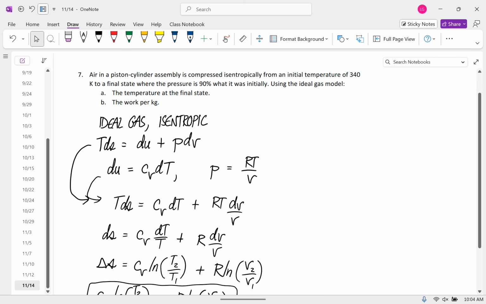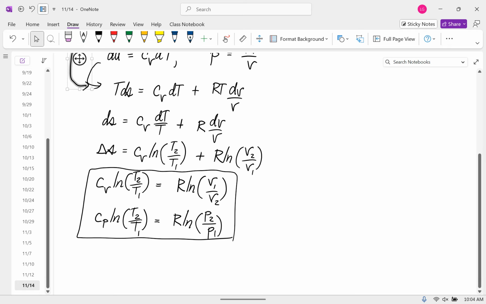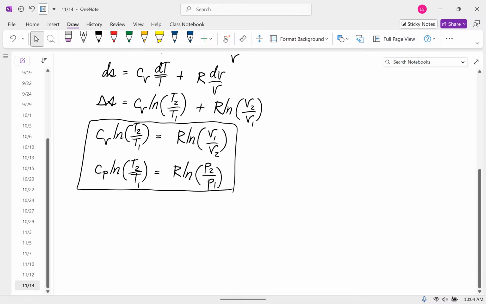And we have an initial temperature, and we have a ratio of pressures. So we're going to use this one, given that P2 over P1 is equal to 0.9.